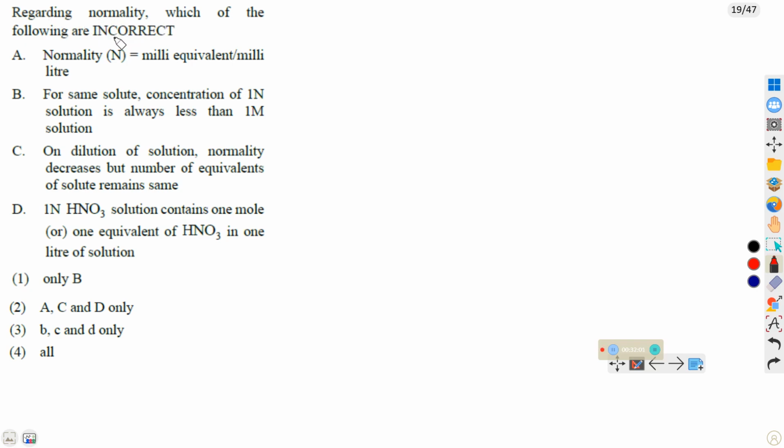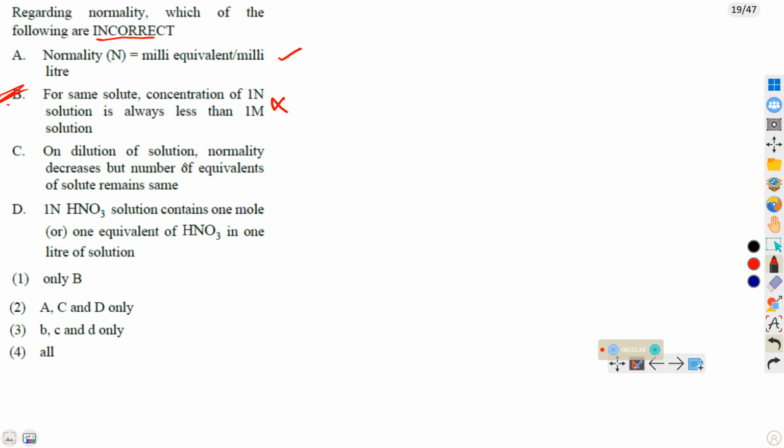Regarding normality, which of the following statements is incorrect? Normality is equal to milli equivalent per milliliter. Correct. For the same solute, concentration of one normal solution is always less than 1 molar solution. Wrong. This is the only wrong one.